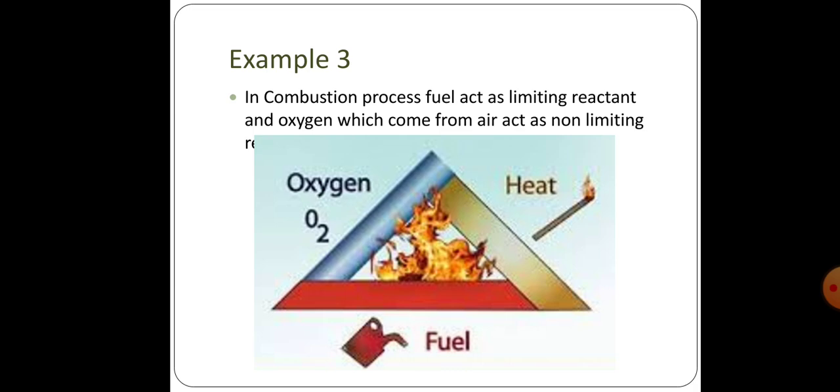Oxygen comes from the vast reservoir which is our atmosphere, so oxygen is taken in greater amount. That's why oxygen is a non-limiting reactant, while fuel, which is consumed and after which the combustion process stops, is known as the limiting reactant. In the combustion process, fuel is a limiting reactant while oxygen is a non-limiting reactant.